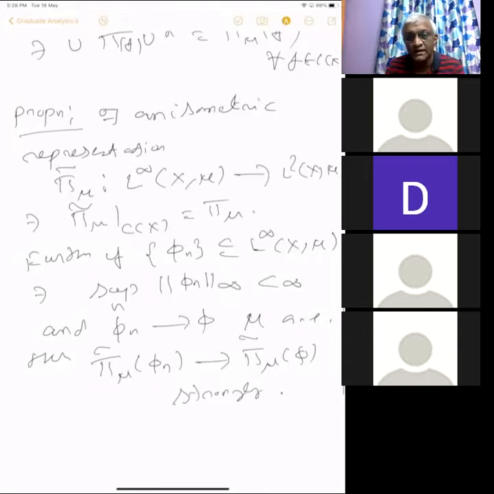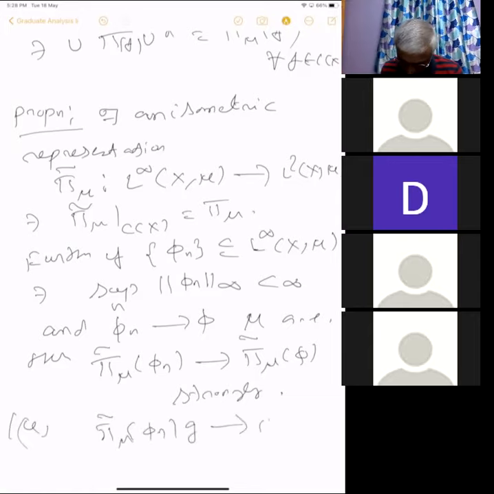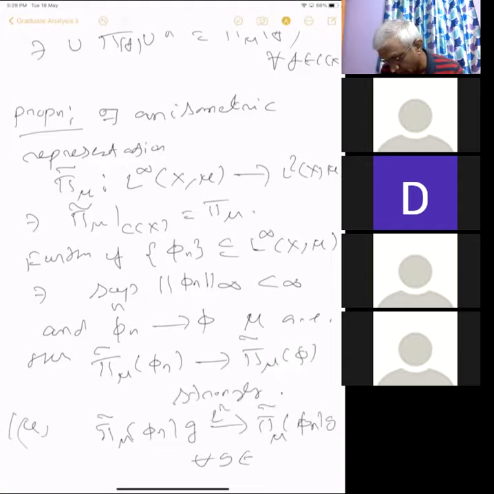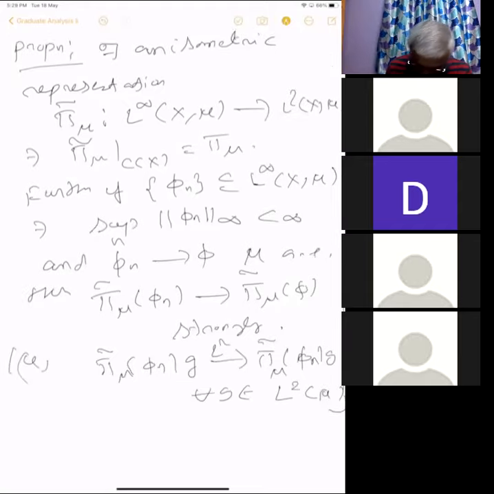You know what strong convergence is? That is pi mu tilde phi n g goes to pi mu tilde phi g for all g. It's pointwise convergence, not norm convergence, pointwise convergence in L2, for all g. So this is what we want to prove.